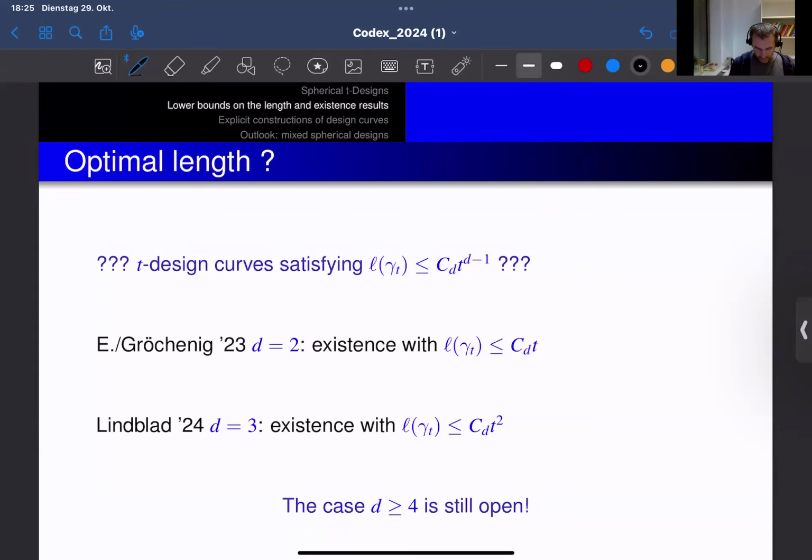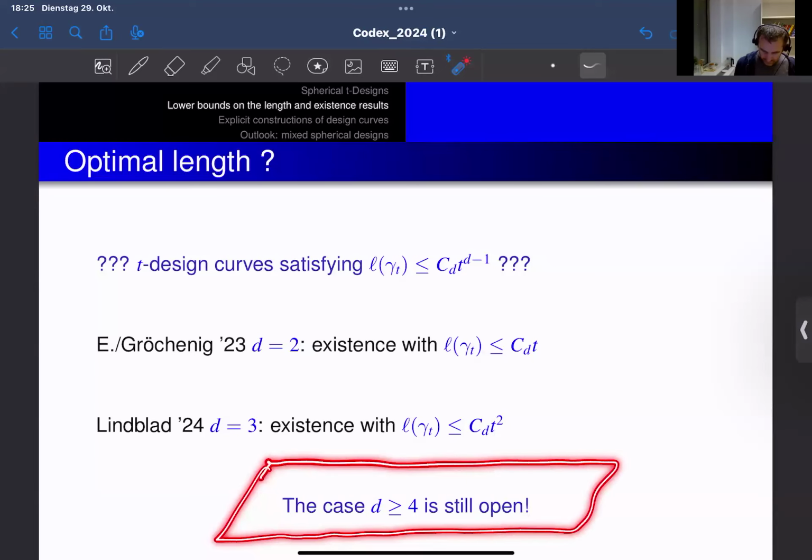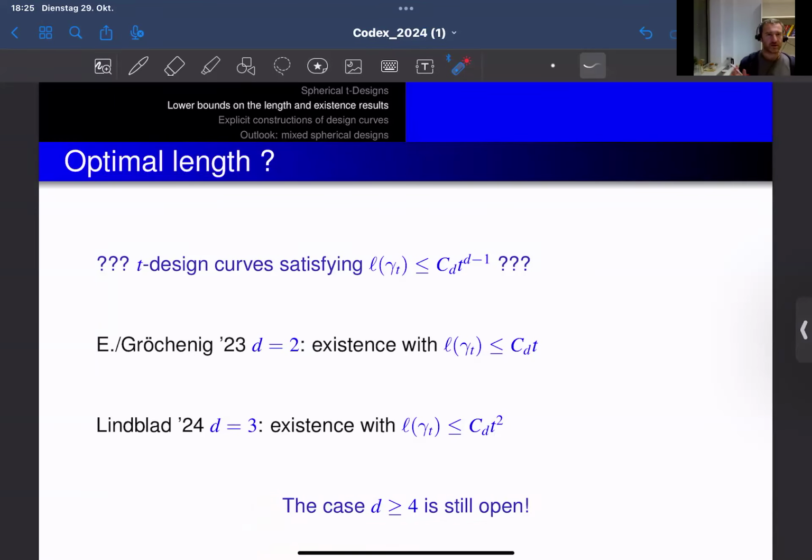And I think there the curve even is a simple curve with no self-intersections. But the point is that the case d at least 4 or bigger is still wide open. So these are just the first steps towards a proof for all dimensions of the sphere.